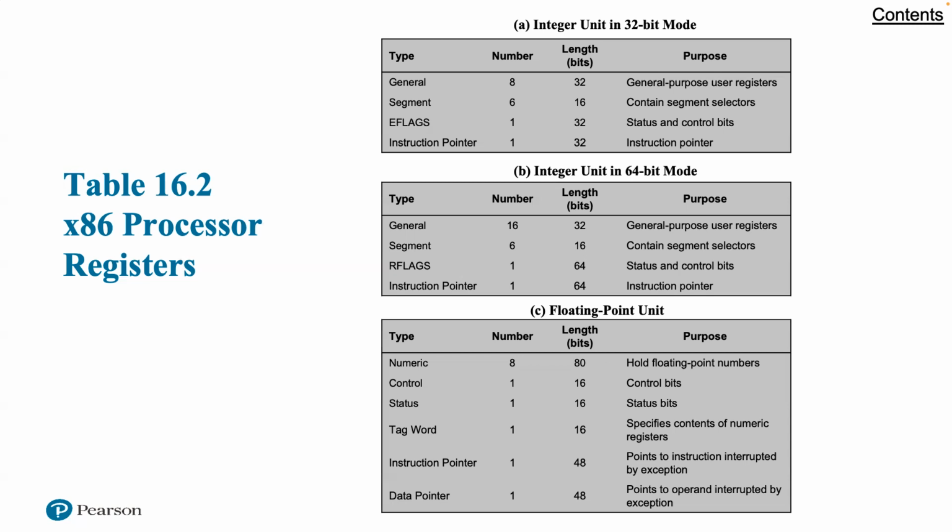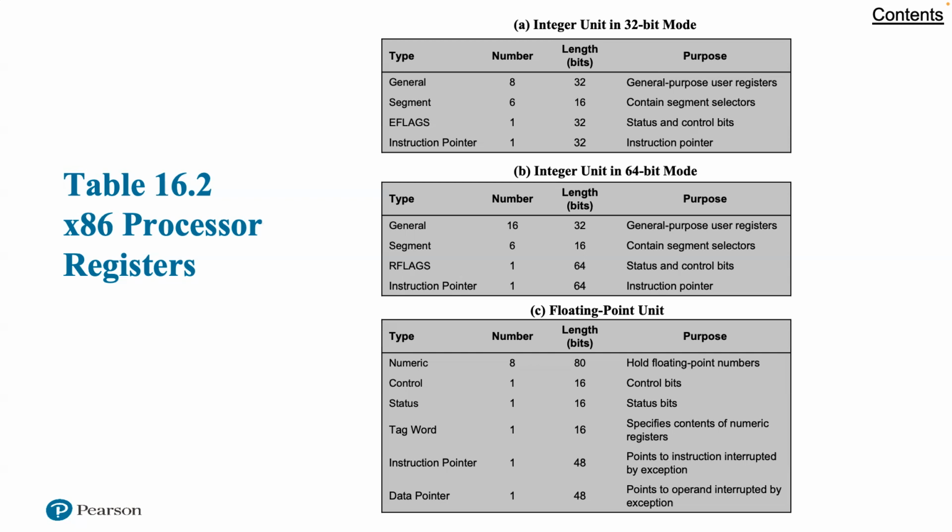These tags enable the program to check the contents of a numeric register without performing complex decoding of the actual data in the register. For example, when a context switch is made, the processor need not save any floating point registers that are empty.